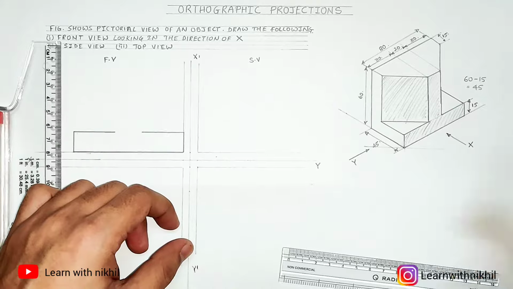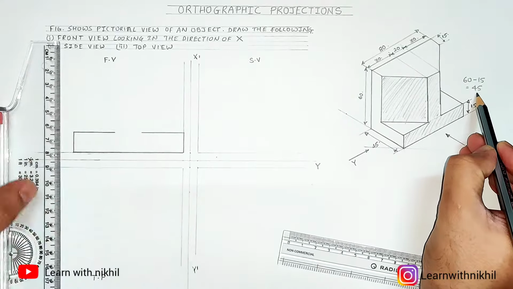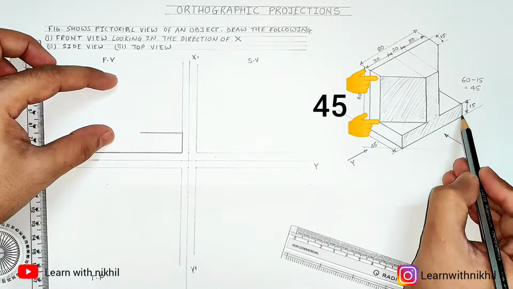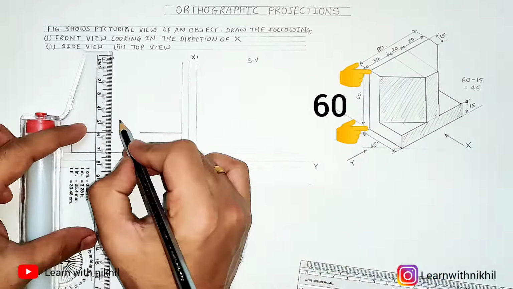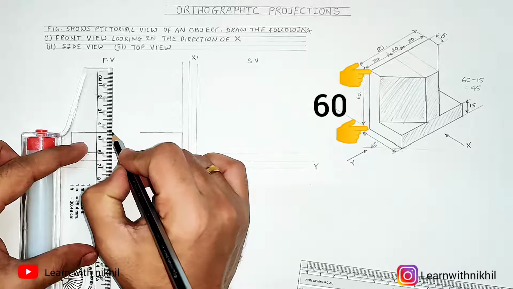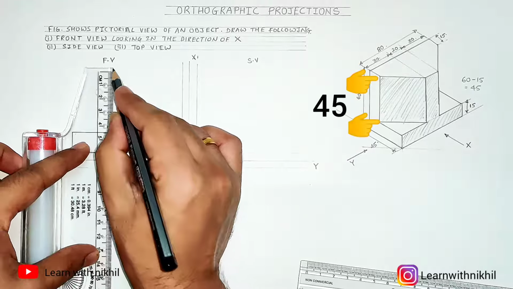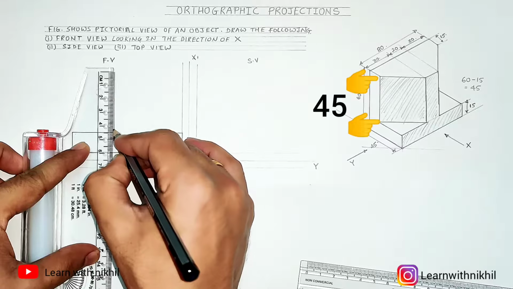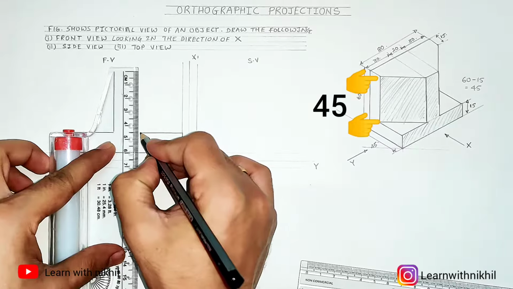So from the line above, this part will be 45 millimeters, or from the base you can directly take 60 millimeters. So from here 4.5 centimeters or 45 millimeters, we will draw a straight line.